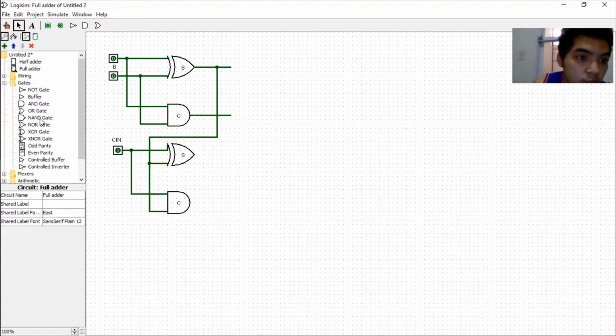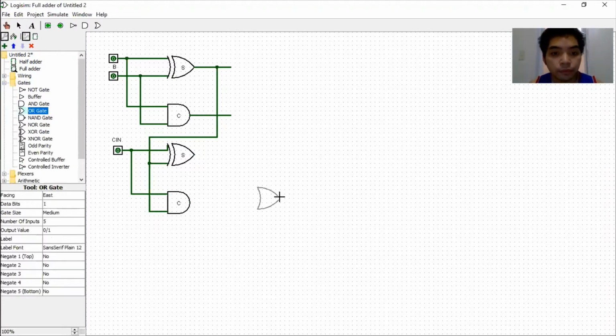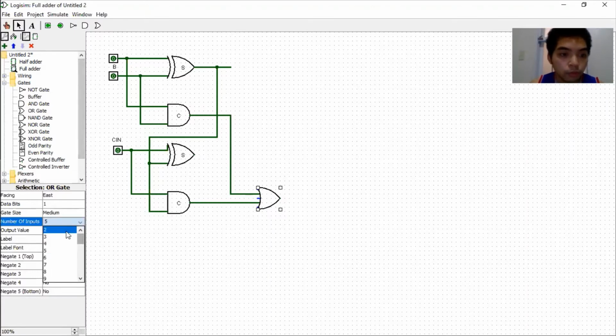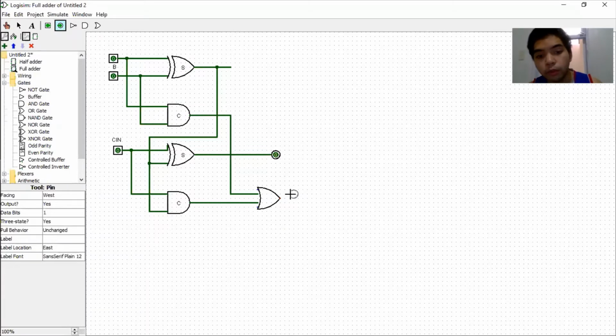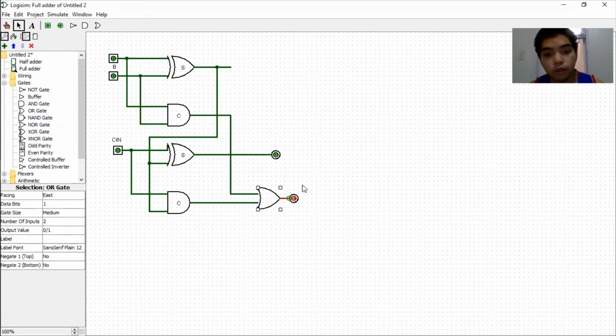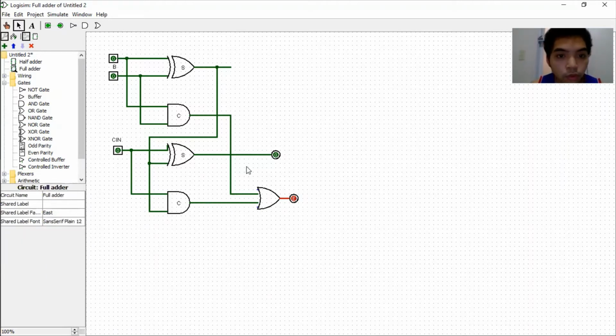So we use an OR gate, and the sum must now be here. So we have ORed both carries.